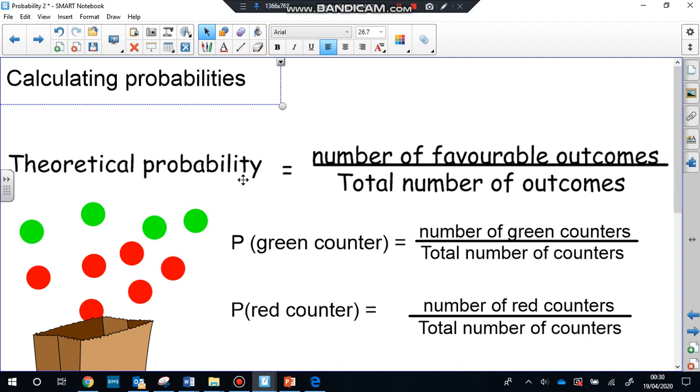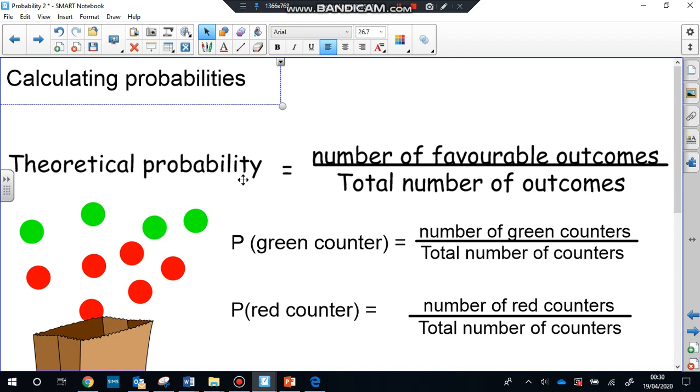And we would expect, because there's one of each, and if the dice isn't biased, that they would come up equally. But we know that if we threw a dice 6 times, we wouldn't get a 1, a 2, a 3, a 4, a 5, and a 6. You might even get 5 sixes, or you might get 2 threes. So it's not what will happen, it's what we would expect to theoretically happen.